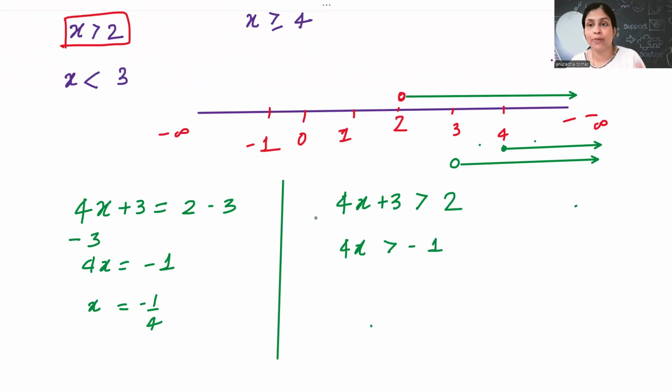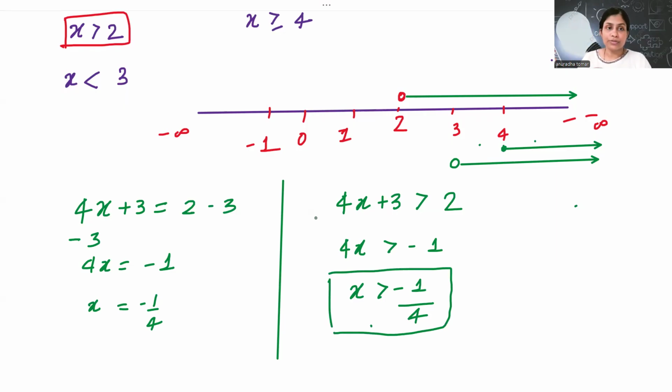And then I will divide by 4. So it is x greater than negative 1 over 4. Here the solution of this inequality will not be just negative 1 by 4. It will be a lot of solutions, like 0, 1, 2, 3, 4, and so on. I hope this was understood.